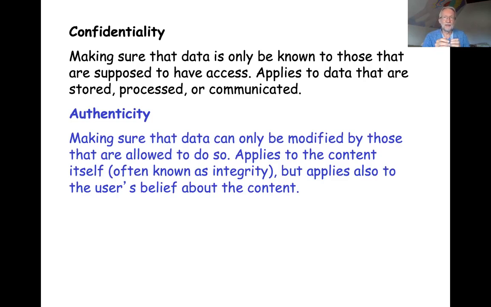As an example, say I get a mail saying, "I hate you." Of course, what that means to me depends heavily on who I believe that message is coming from. So full-fledged authenticity is not just about the content of the data, but also, for instance, about the source of the data, whether that can be verified or not.